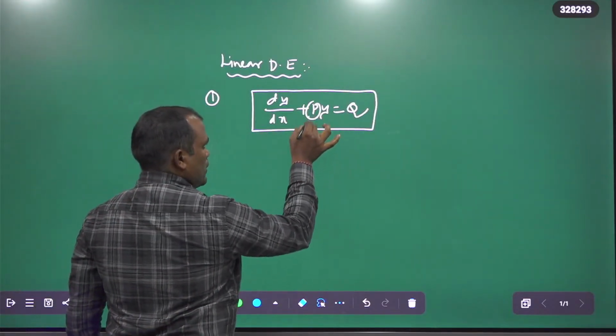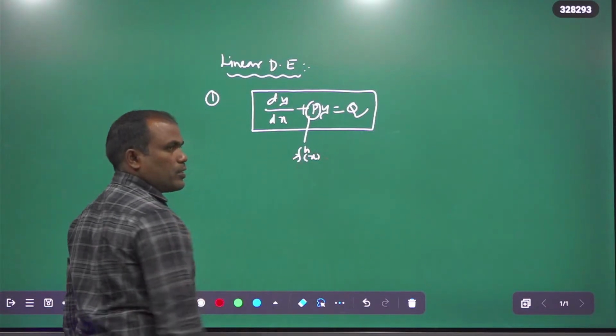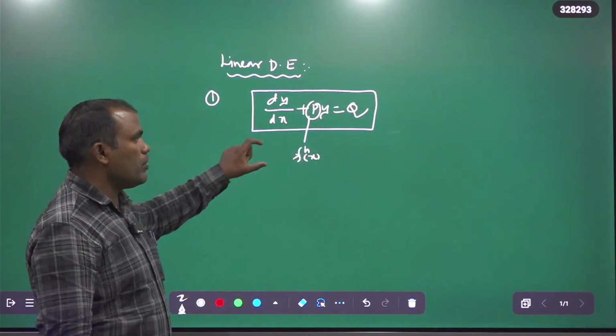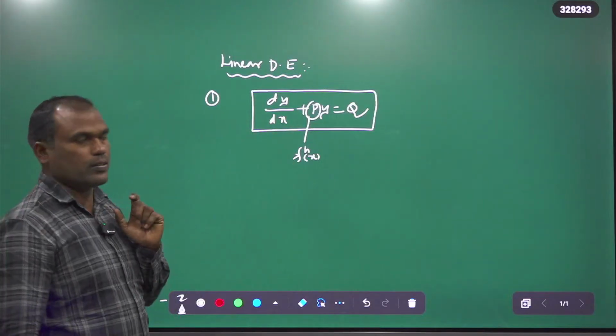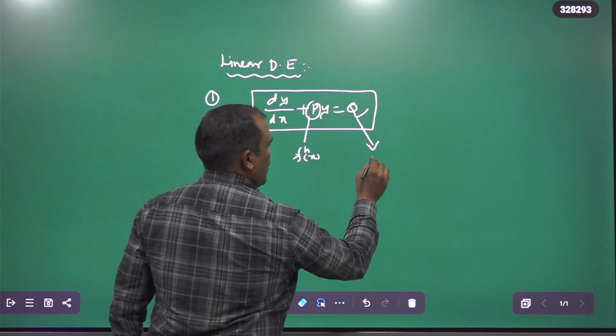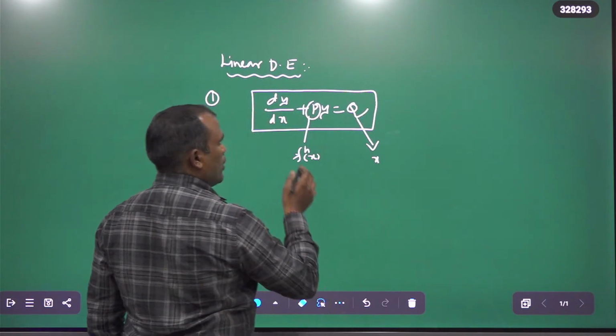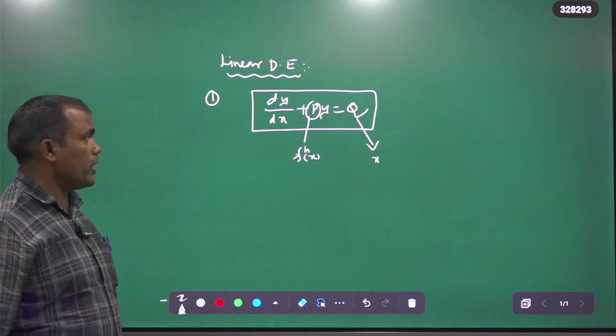Here p is nothing but a function of x only, and q is also a function of x. Let me explain one more time clearly.